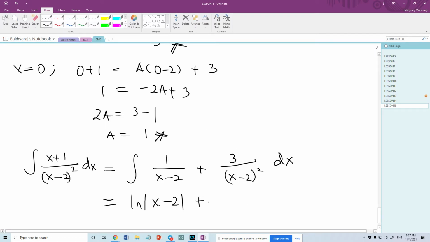Okay, 3 dalam kurungan. Okay, tolak 2 kuasa negatif berapa? Negatif 2. Okay, correct. Negatif 1 over, okay, correct. Negatif 1. So A dia 1, so sini tadi A dah. And plus C. Okay, very good. Kalau you nampak ni, very good.